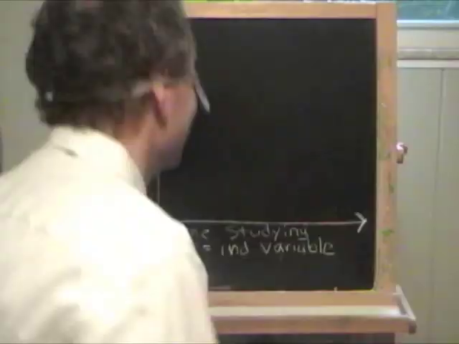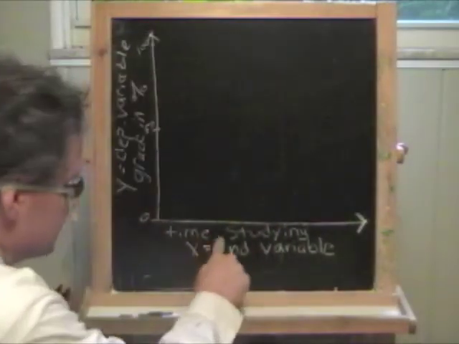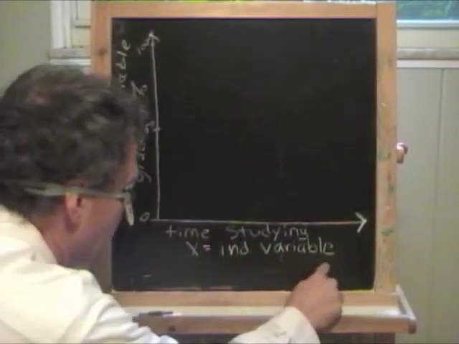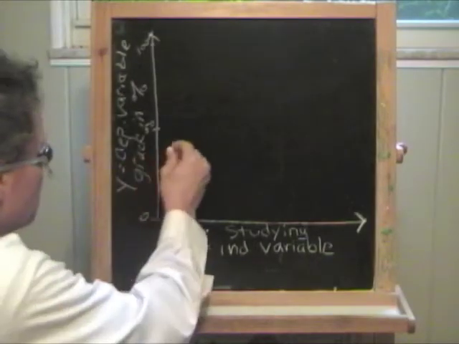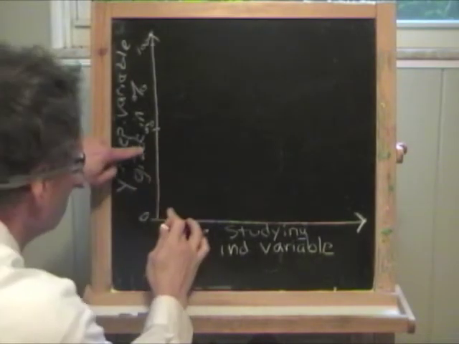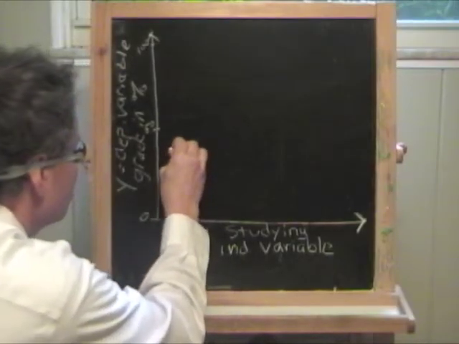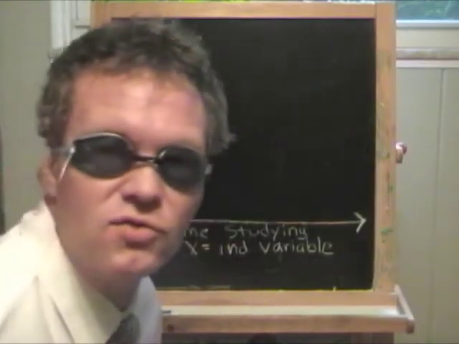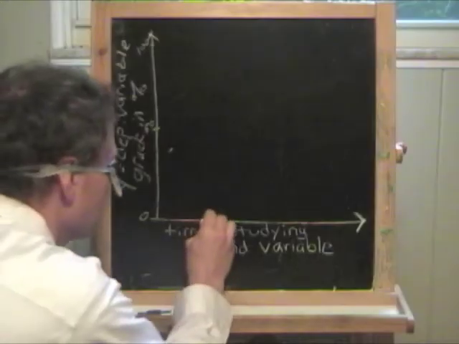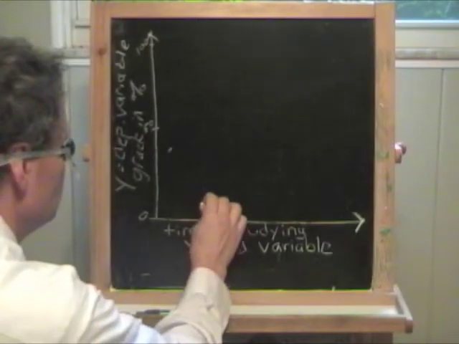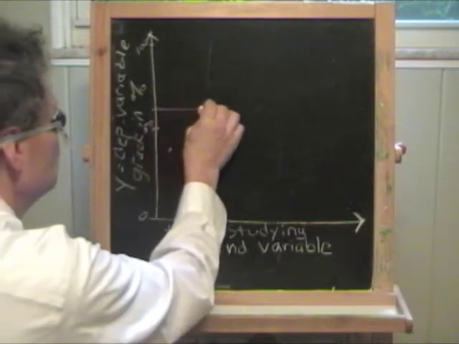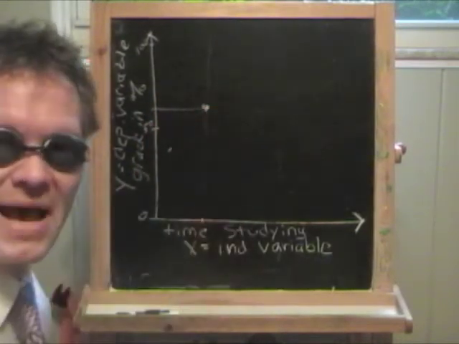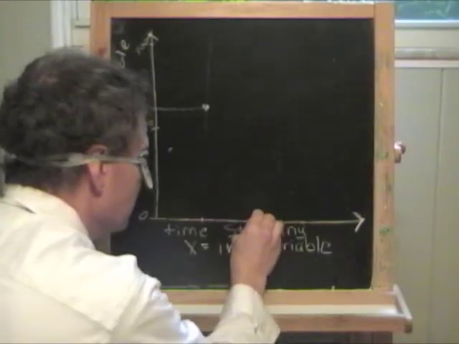Why, that's easy! You see, you didn't spend much time studying. That's your independent variable. You only had 30 seconds, a little bit there. Your grade was 40%. A little bit there. The next time, you try studying a little bit more. You get a higher grade. Not bad. Next time you study more.